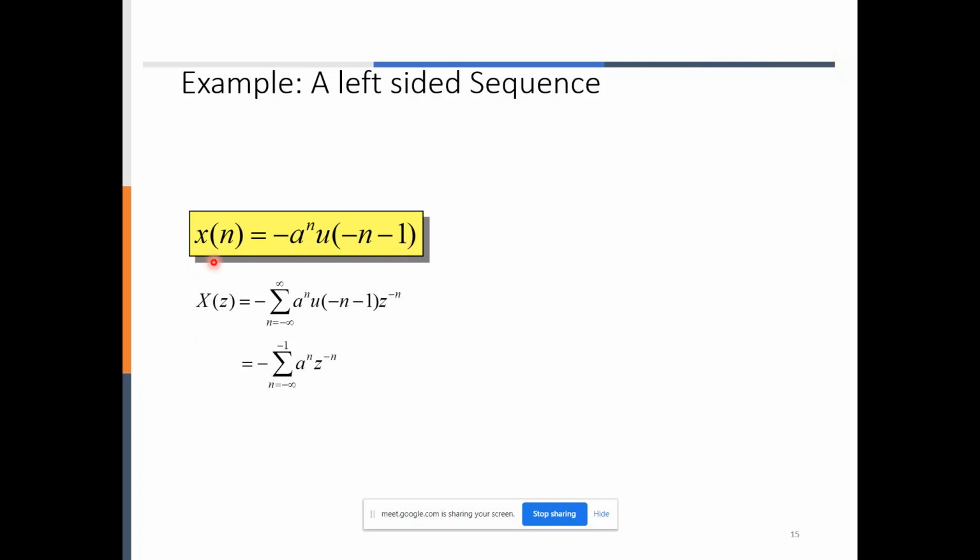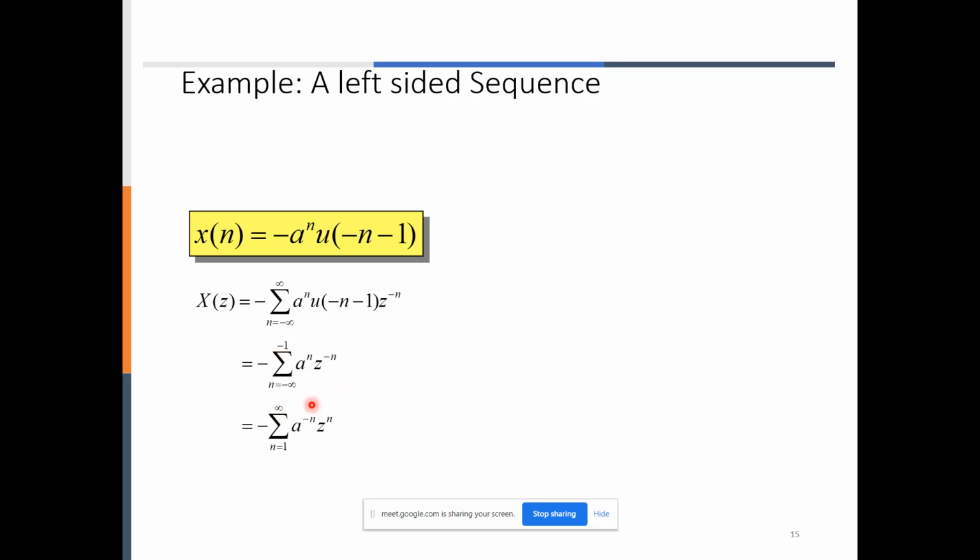Okay, now we can get X(z) from there, that is the z transform of this sequence. So if we take the z transform, we get summation of n from minus infinity to infinity of minus a to the power n u[minus n minus 1] z to the power minus n. From this we get minus summation of n from minus infinity to minus 1. In the previous case the limit was changed to start from 0, but in this case, as it is delayed with minus 1, the limit is from minus infinity to minus 1, of a to the power n z to the power minus n.